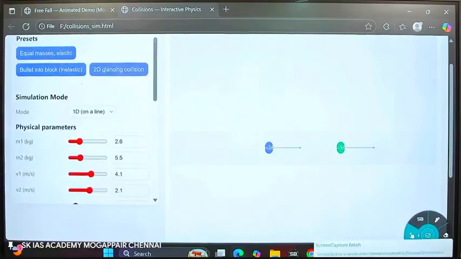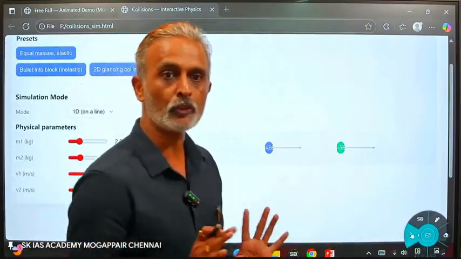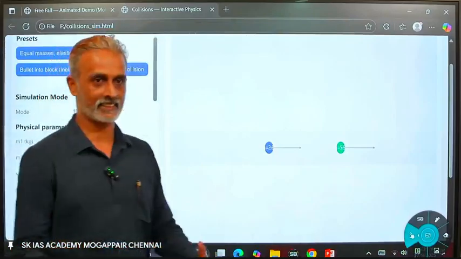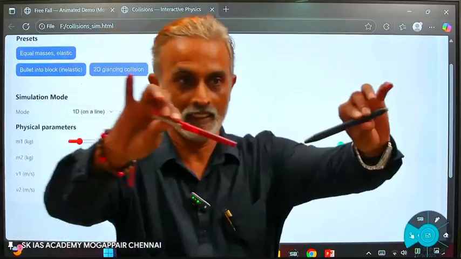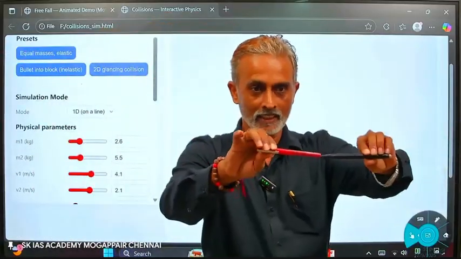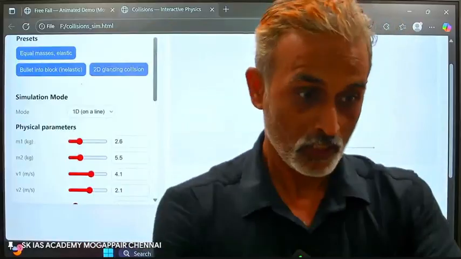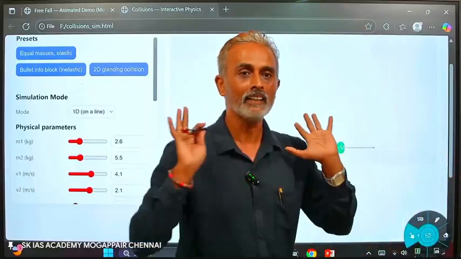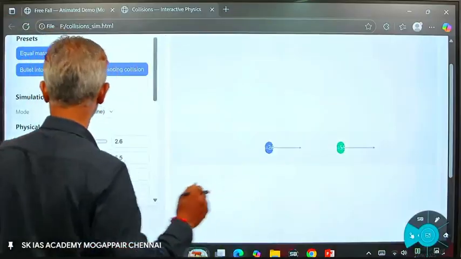In elastic, first we have already discussed elastic. Second we are going to do the inelastic. Inelastic means two bodies coming. Suppose this, it will go like that. They stick to each other. That is called inelastic. Showing there.